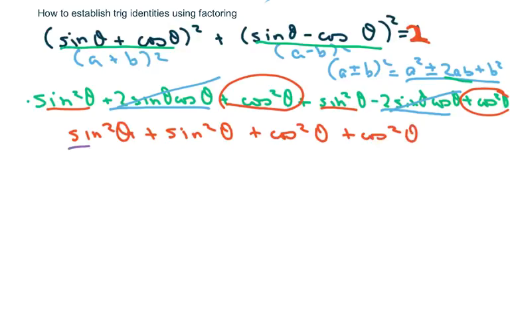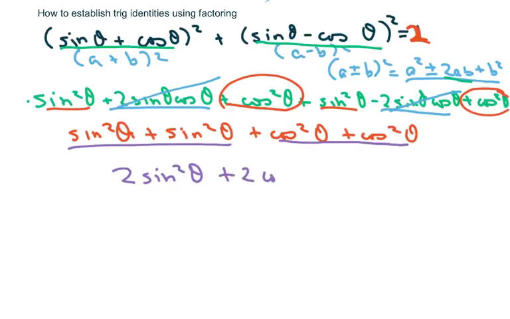Now, we have 2 of these, so I'm going to write 2 sine squared of theta, and I have 2 of those, plus 2 cosine squared of theta. I'm going to factor out a 2, because they both have a 2 here. So I get 2 times sine squared theta plus cosine squared of theta.